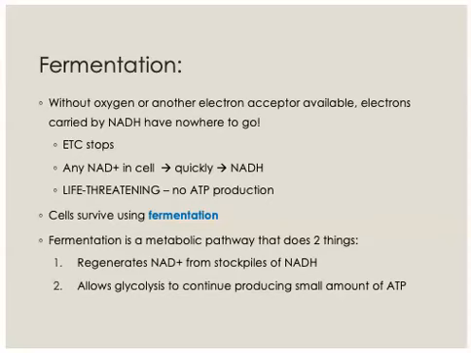Remember, normally NADH would become oxidized when it donates the electrons it's carrying to the electron transport chain. But the electron transport chain can only function if there's a final electron acceptor molecule at the bottom of it. So when the final electron acceptor molecule is not available, the electron transport chain stops.